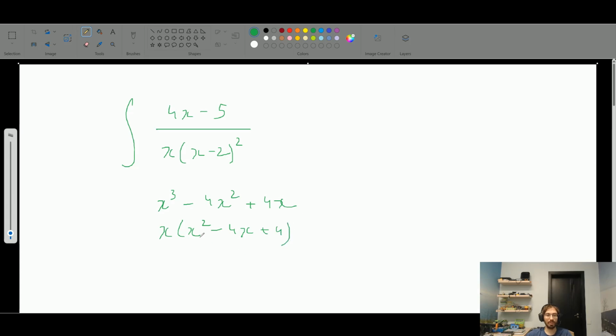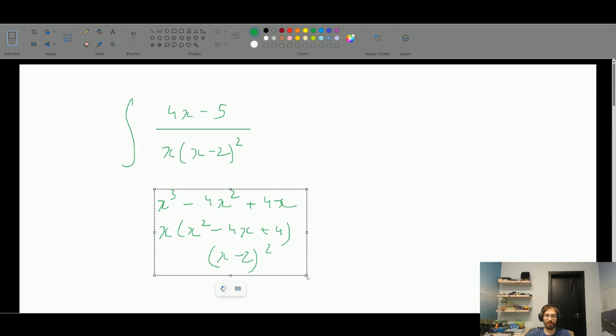Then you may use the formulas of simplified multiplication to understand that this actually will be (x minus 2) squared. But so far so good, we have factorized it, or we have been given the already factorized expression.